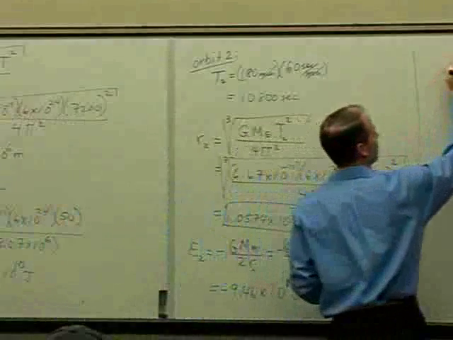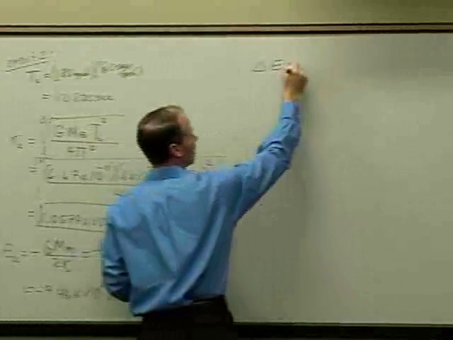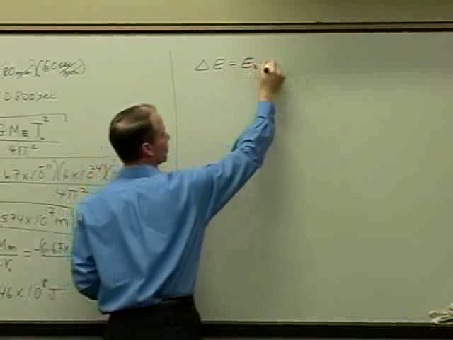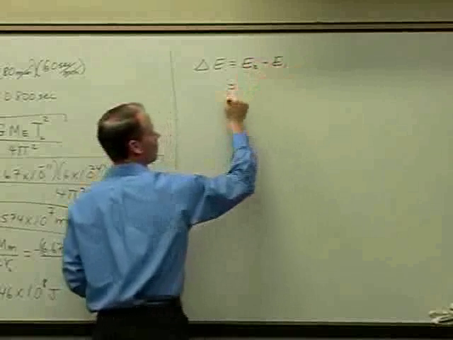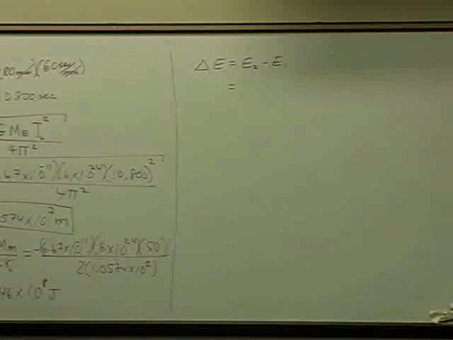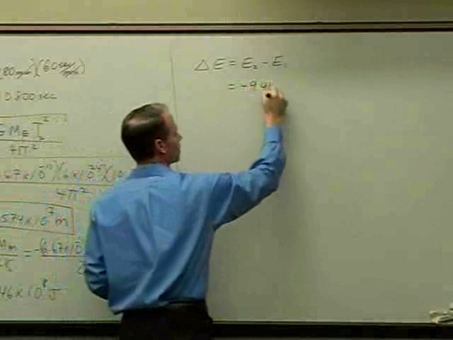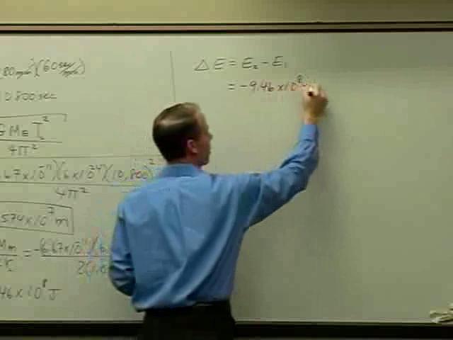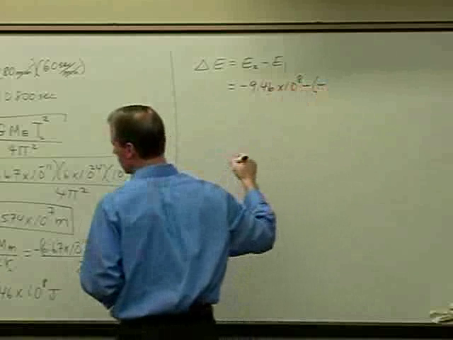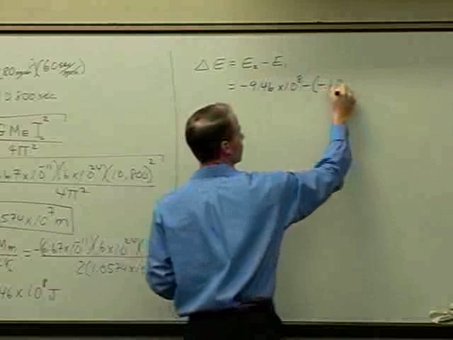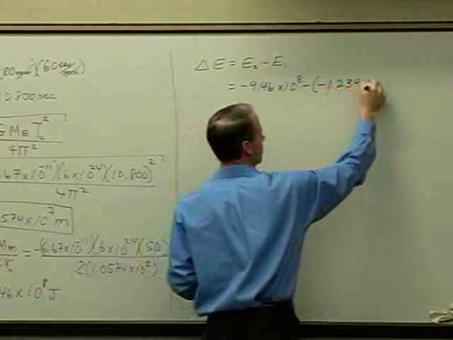In other words, our change in energy is energy 2 minus energy 1. And so that'll be negative 9.46 times 10 to the 8 minus negative 1.234 times 10 to the 10.